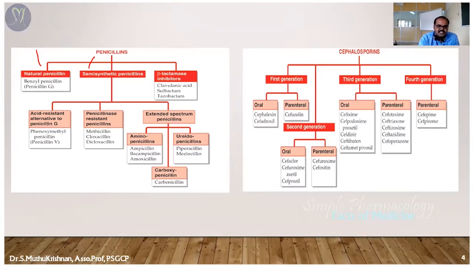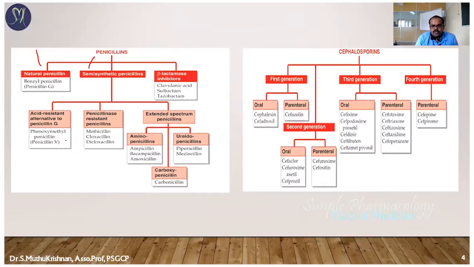The first one is acid-resistant penicillin, because natural penicillin is available only in injection formulation. Orally it's inactive because it is acid labile. If you take the drug orally, it is affected by our gastric acid secretion.